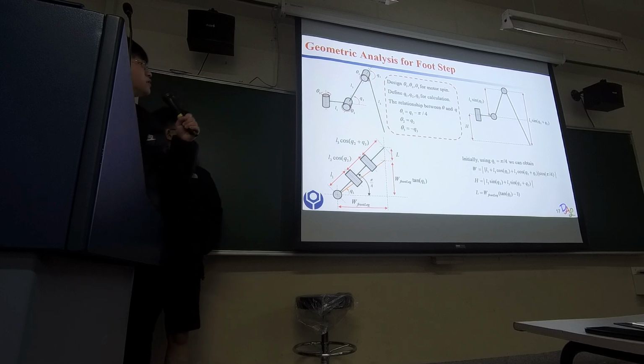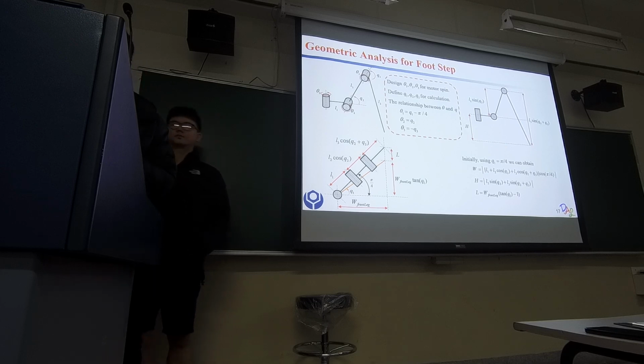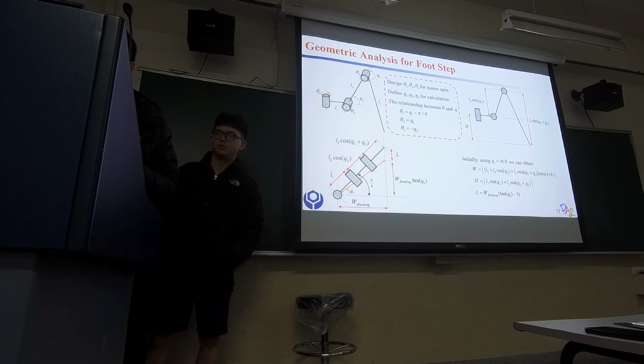So we designed three equations. Theta 1 equals Q1 minus pi divided by 4, theta 2 is equal to Q2, and theta 3 is negative Q3. Next, let's see the left and lower left side of the top view of our joints.